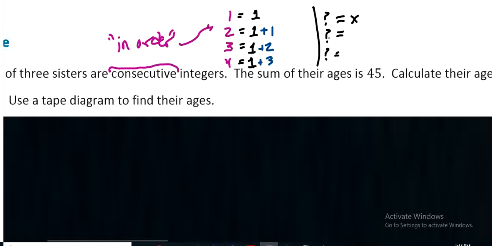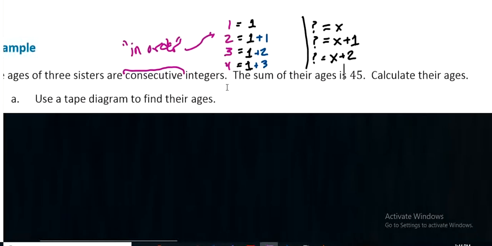Now the next consecutive number, again, I don't know what it is, but since it's a consecutive integer, all I have to do is add 1, so whatever x is, the next number would be x plus 1. And then to get to the next number from the original, we would do x plus 2. So that's kind of the key to how we are going to set up our equation to find out the ages of the three sisters.